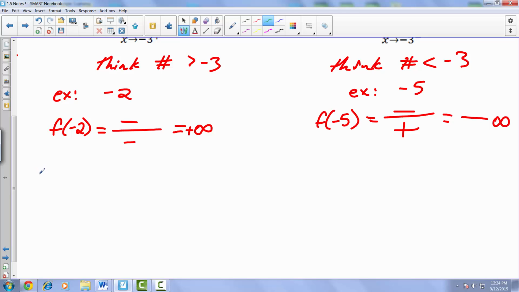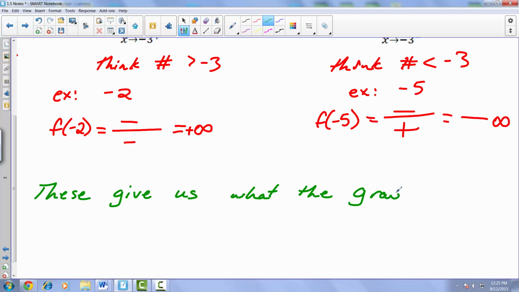So these give us what the graph tends to do. However, it's not always going to be ironclad.